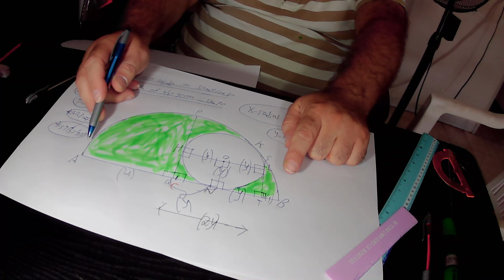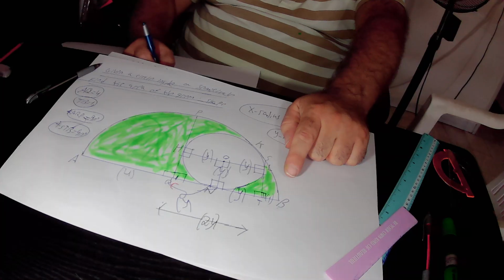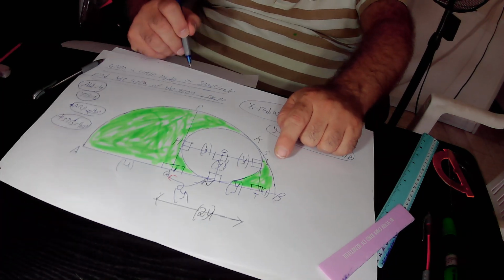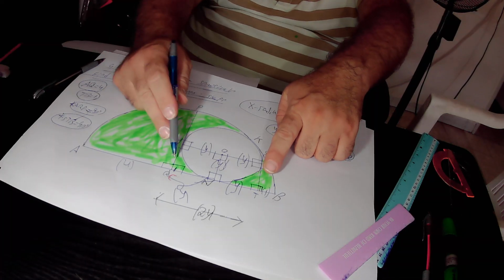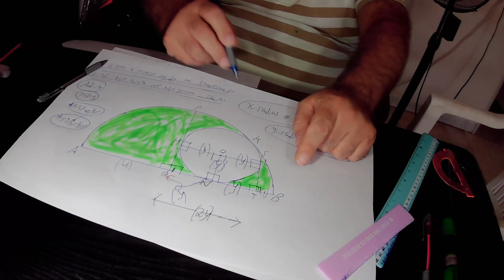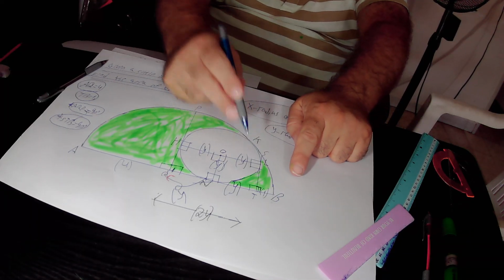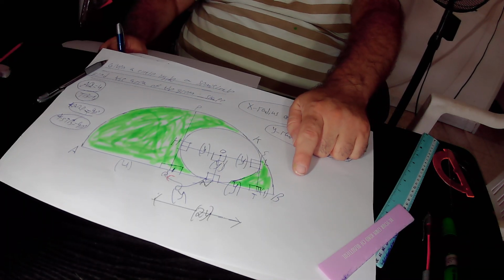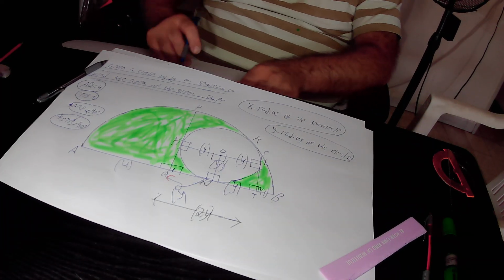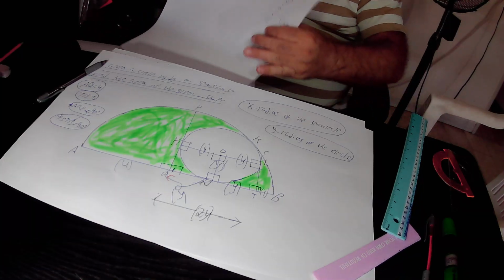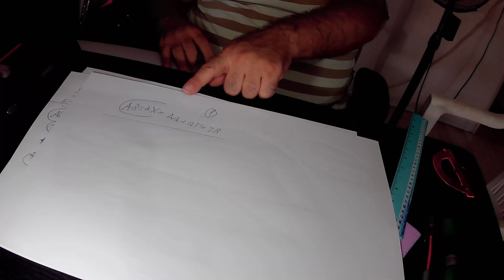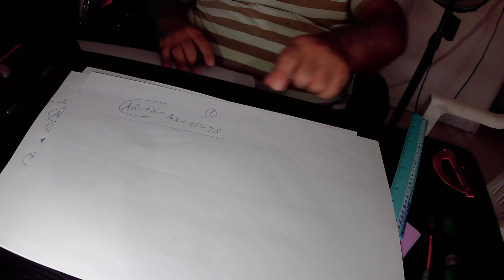So AB equals AQ plus QT plus TB. And again, the diameter AB, which is equal to 2x, is equal to AQ plus QT plus TB.